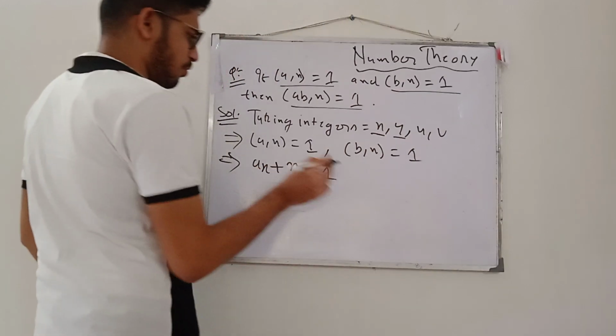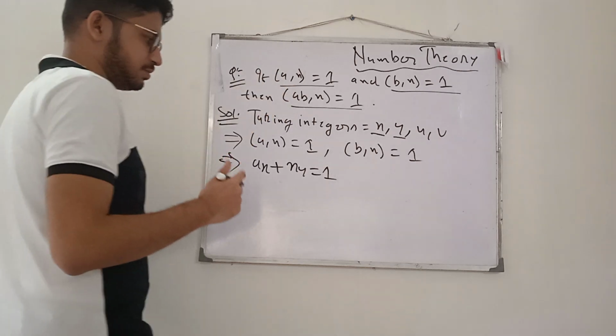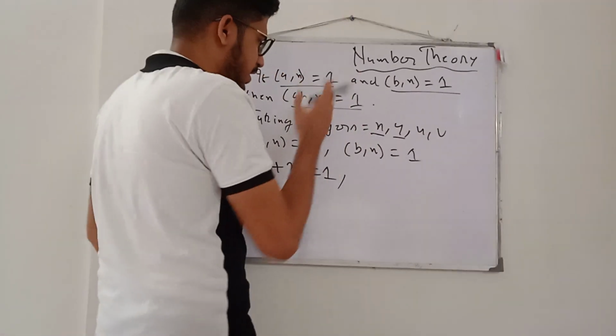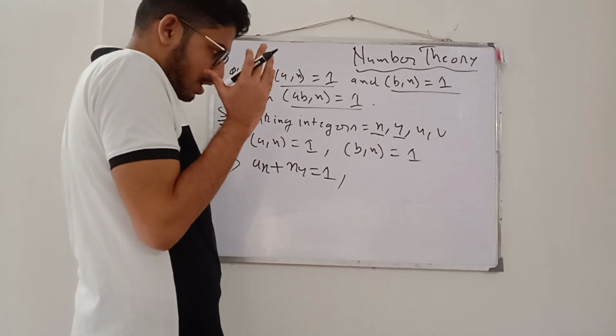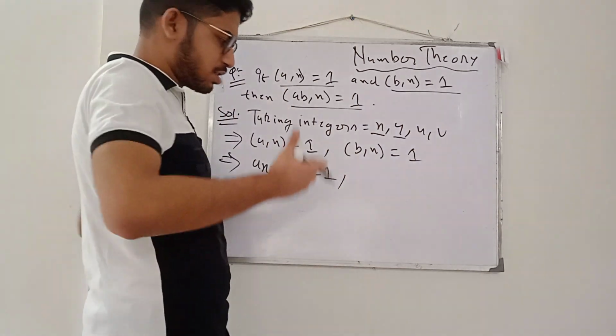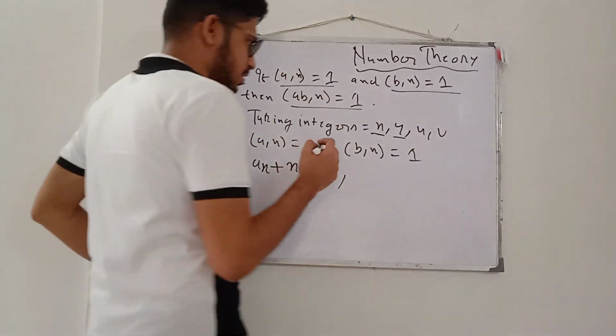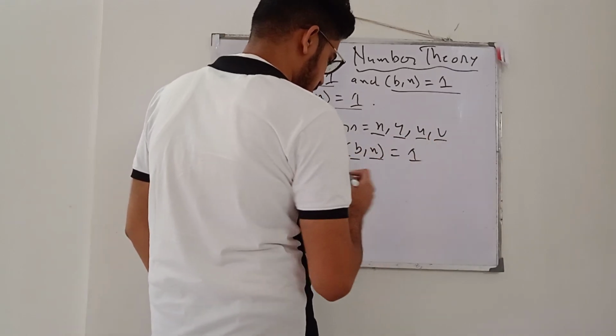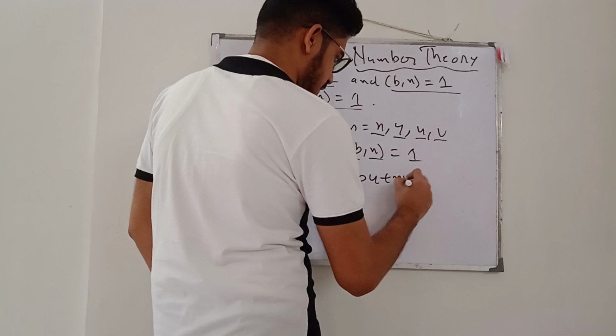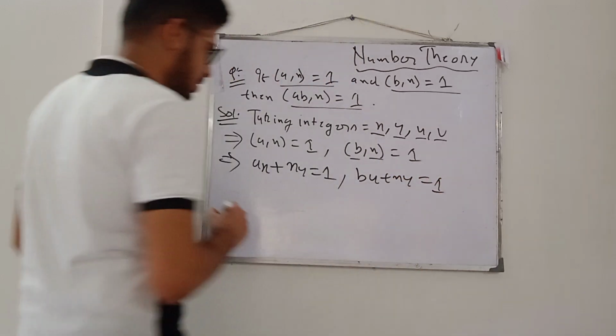There is no big deal in this question, nothing so complicated in it. You just have to think and understand, then you can solve it very easily. So now we are putting these integers into it: bu plus nv is equal to 1. Done.